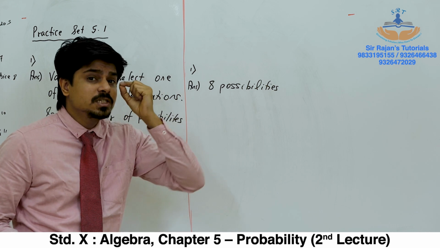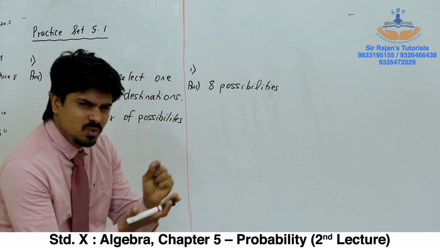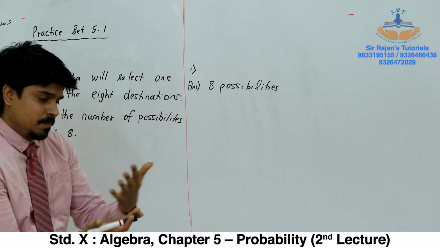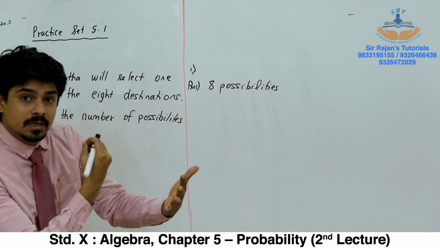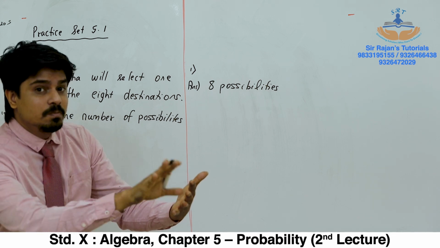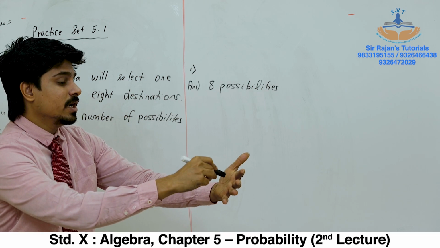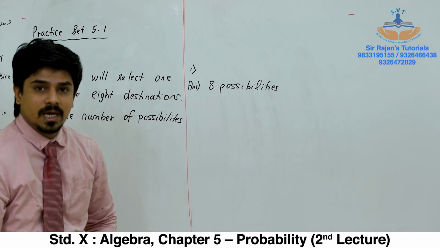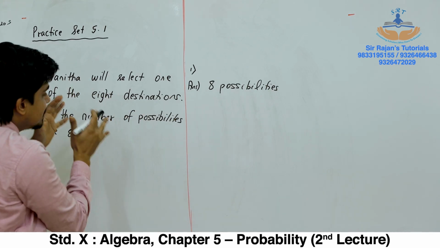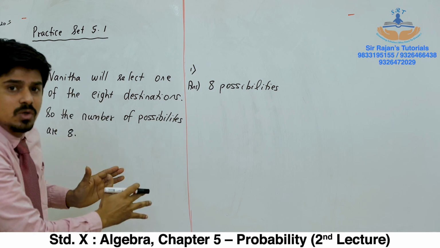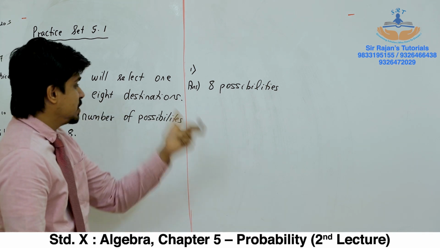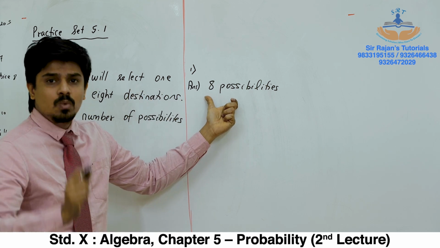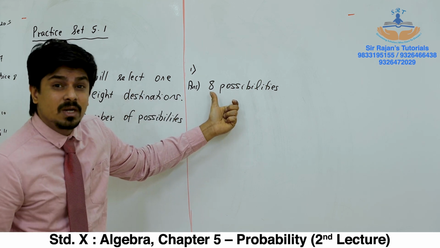So always keep one thing in mind, that whatever you write in your board paper creates an impression on the examiner. No one knows you personally to say that this is the paper of so and so student, so give full marks. Your paper decides your marks. The way you write, it decides your marks. Never ever in any of the subjects just write the final answer. Always write your answer in statement form.